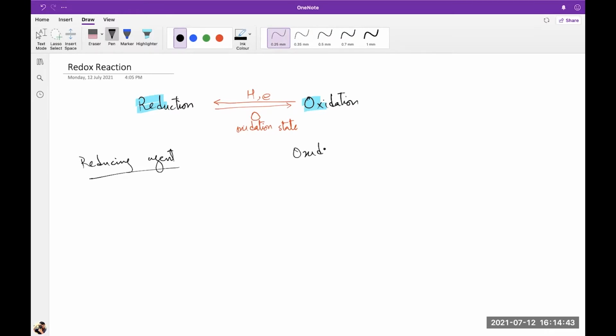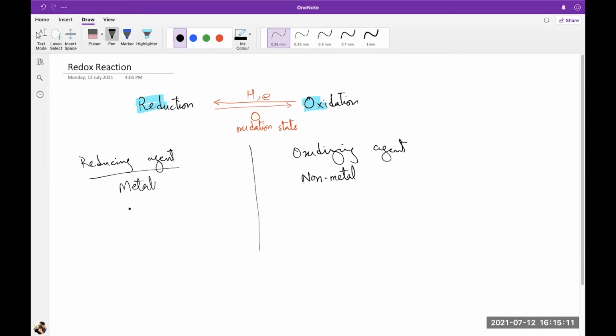Similarly, an oxidizing agent is something that oxidizes the other thing. It gives it oxygen, it gives it a higher oxidation state. So metals are good reducing agents because they give electrons and reduce the other thing. And non-metals are good oxidizing agents because they gain electrons, so they oxidize the other thing.